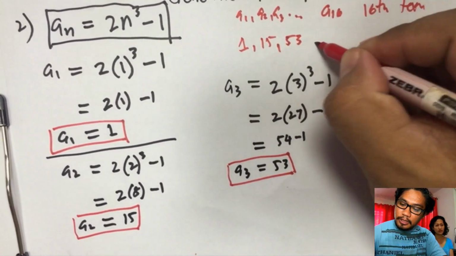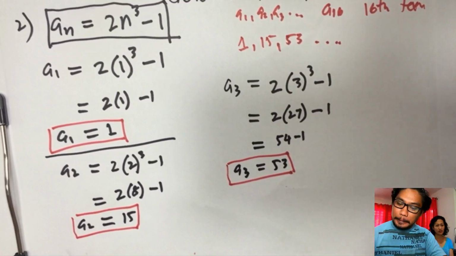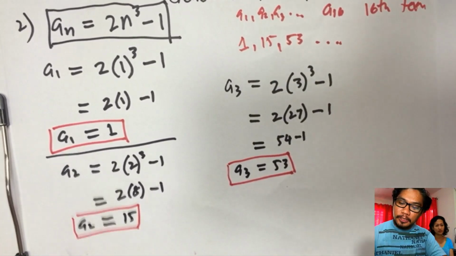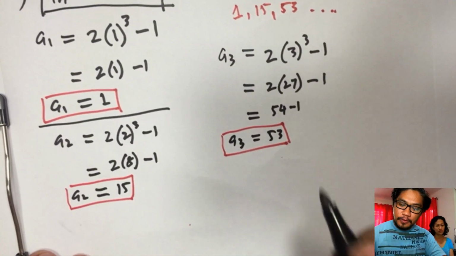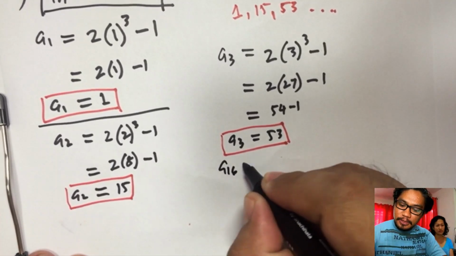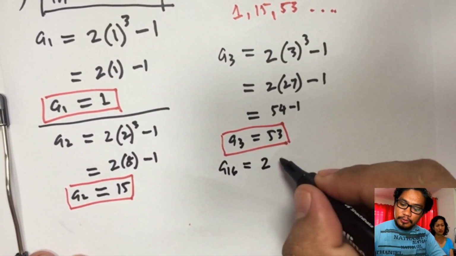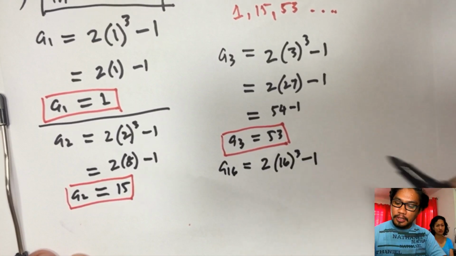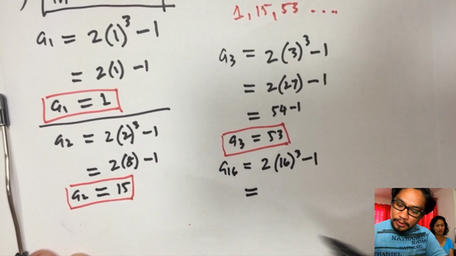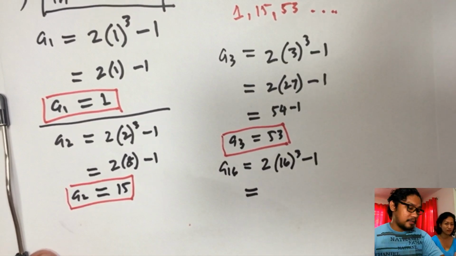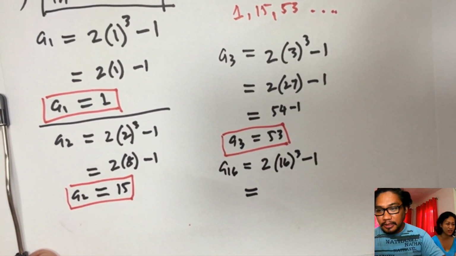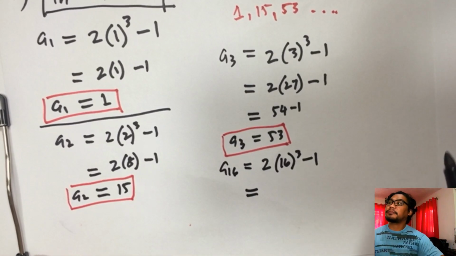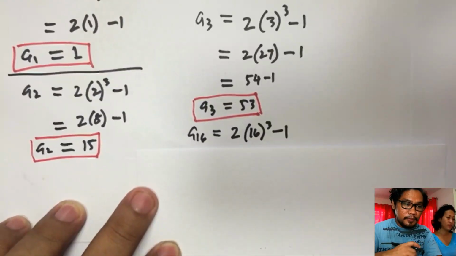And then our 16th term, using the same procedure, we use a sub 16. And 2 times 16 raised to 3 minus 1. I'm not that fast to multiply 16 by itself 3 times, so I need a calculator.